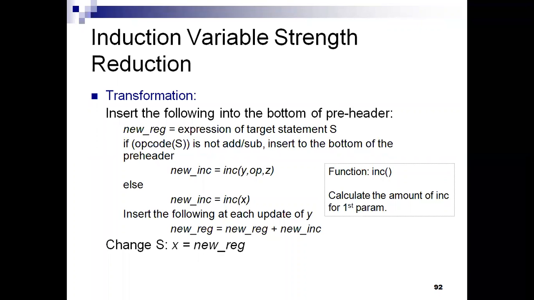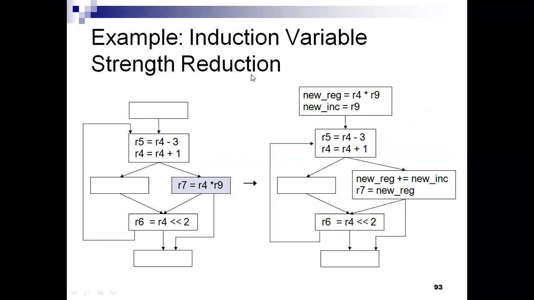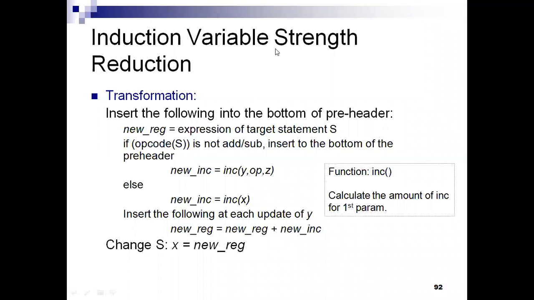Here is how the expression is written: new register is equal to expression of target statement S. If the opcode of S is not add or sub, insert into the bottom of the pre-header, using inc or dec instead of the operator add or sub.